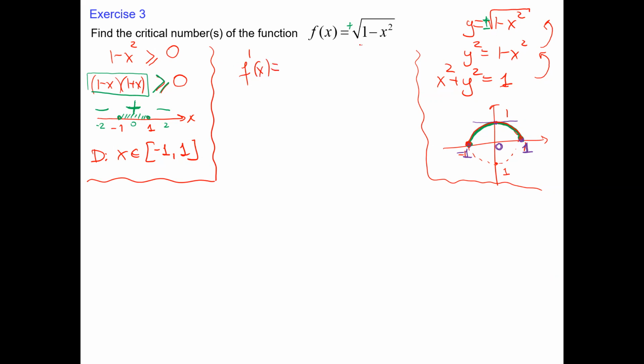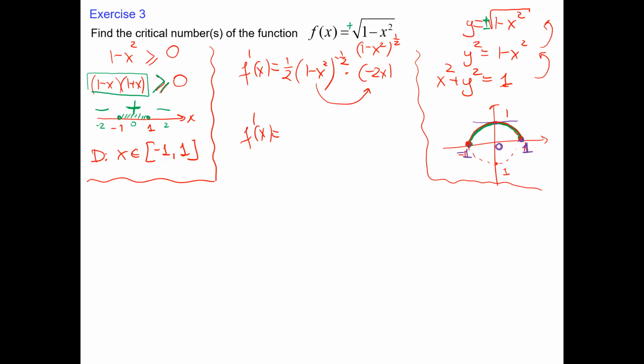What we can do, we can rewrite this as a quantity to the power of 1/2. Okay, 1 minus x squared, that quantity to the power of 1/2, derivative. 1/2, 1 minus x squared to the -1/2, and times -2x as the derivative of the inner function.